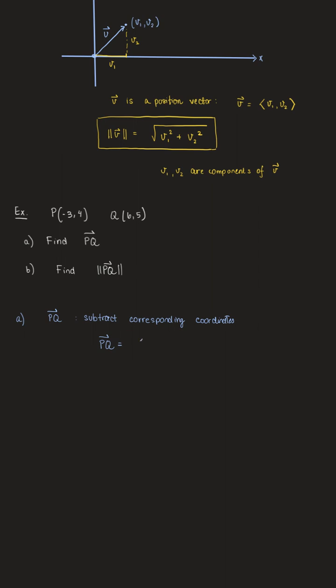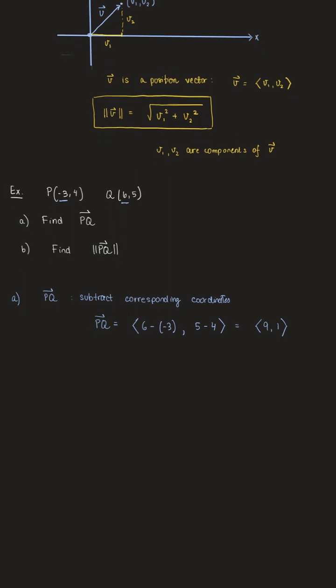We've translated it to the origin, so we're going to use the bracket notation. For the x component, we'll subtract -3 from 6, so 6 minus -3. And our y component will be 5 minus 4, starting with Q first. If we were looking at the vector QP, we would start with P first. So this gives us the vector 9, 1.